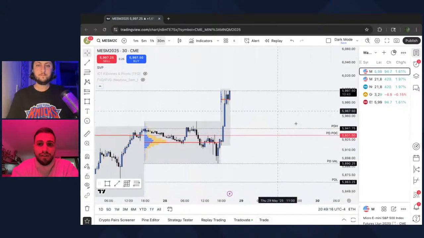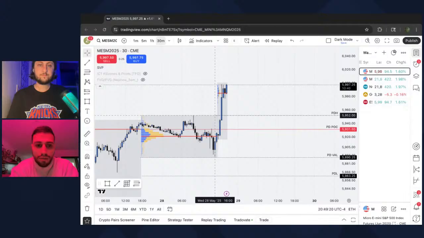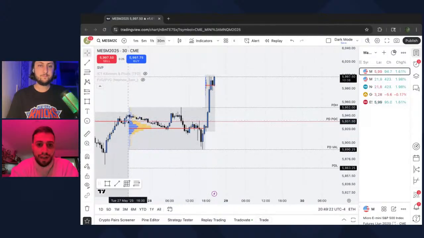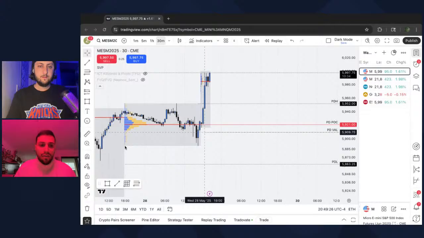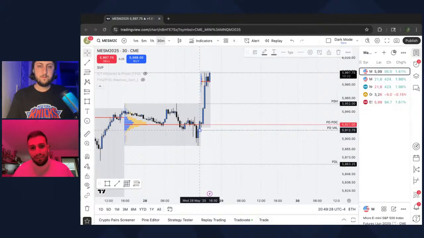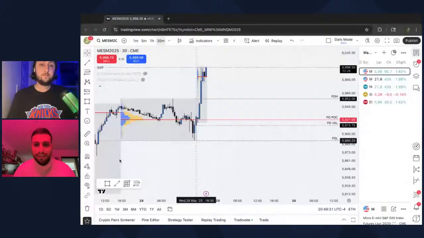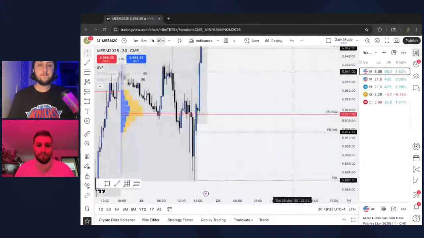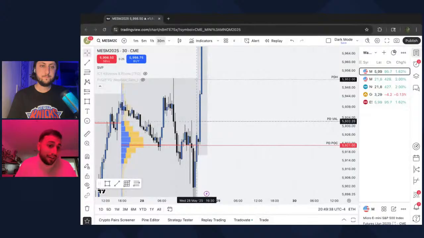You don't have any confusion in the bias, and that's the good thing. A lot of the time when you have a move like that as the Asian session opens, you've got very clear bias, and that's half the battle for a lot of people, getting a clear and confident bias. Once you've got it, you either make money or you sit out of the trade, and it's okay.